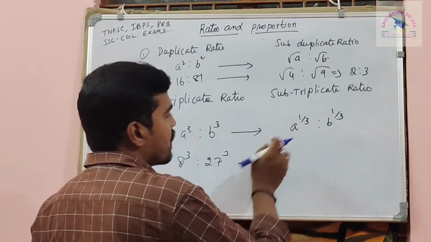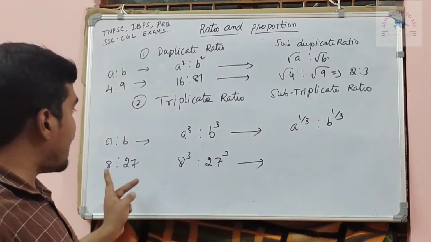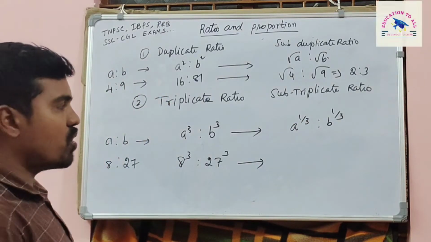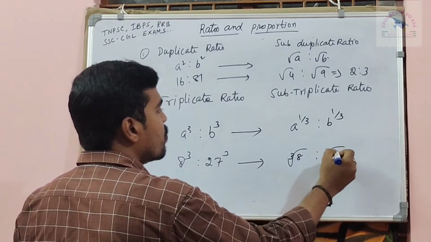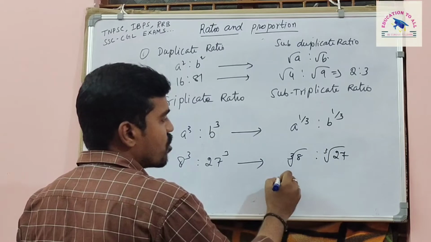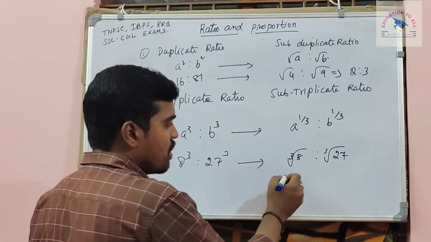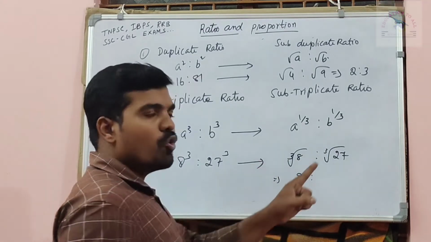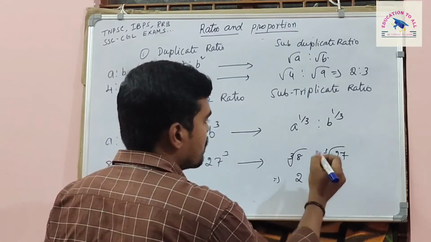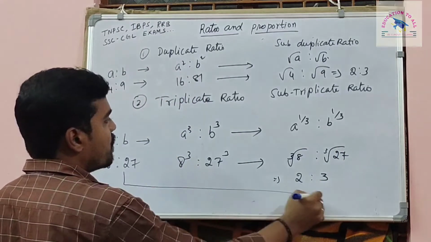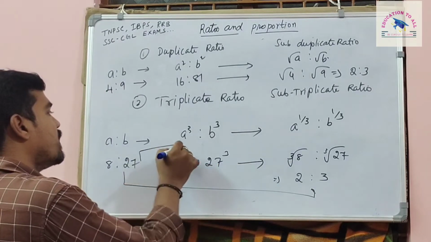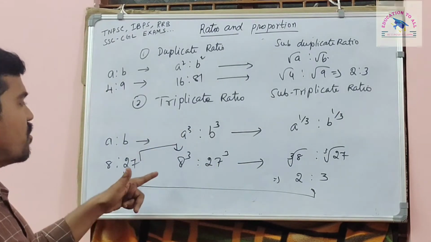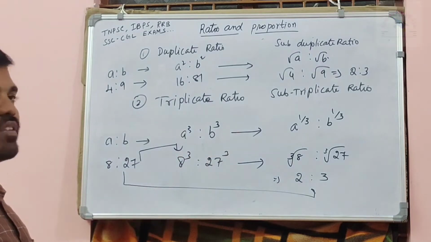Next, here subtriplicate means what? We have to take the cube root of 8. So cube root of 8 is to cube root of 27. Cube root of 8 is 2, cube root of 27 is 3. So the subtriplicate ratio of 8 is to 27 is 2 is to 3, and the triplicate ratio of 8 is to 27 is 8 cube is to 27 cube.